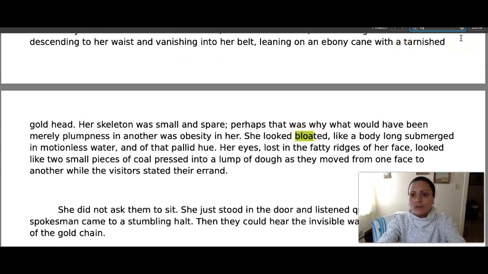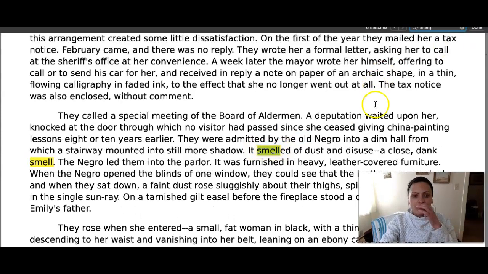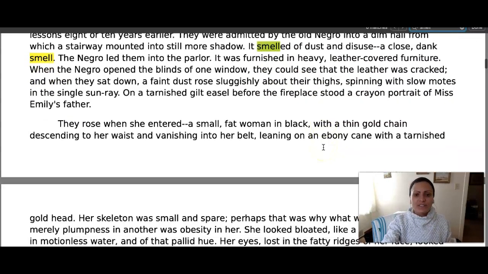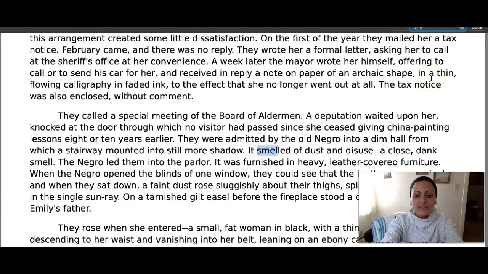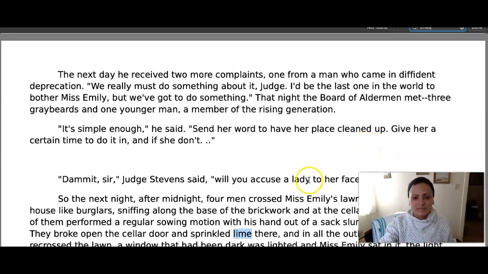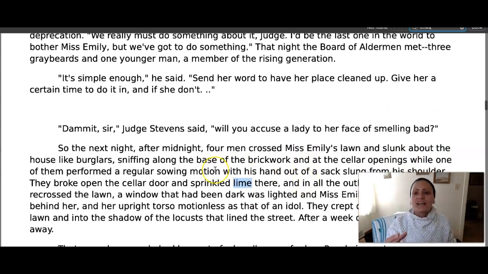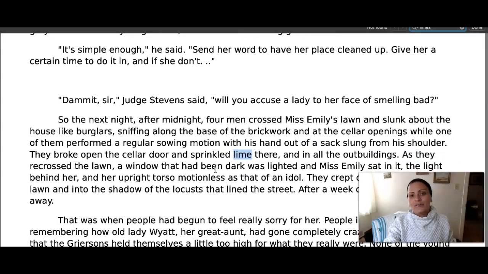Now, another word would be smell. The smells that we see in this house of dust and disuse, the smells that they have to cover up with lime because it smells so bad. That is another sign of death and decay in this story. Why do they need to sprinkle lime at her house?